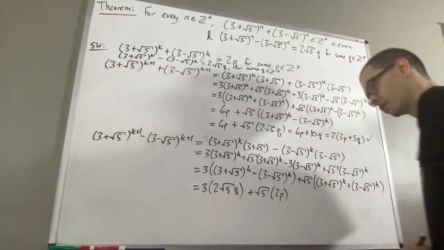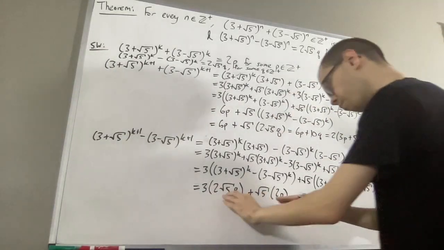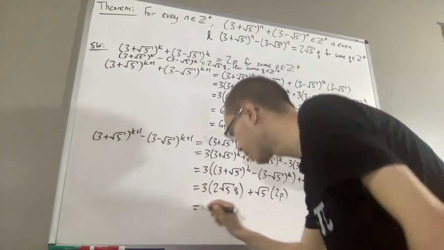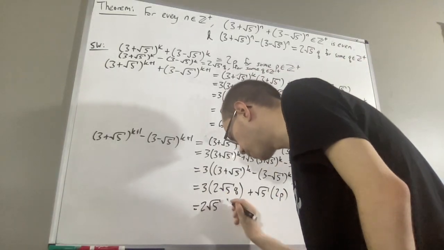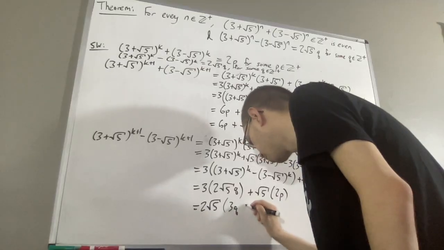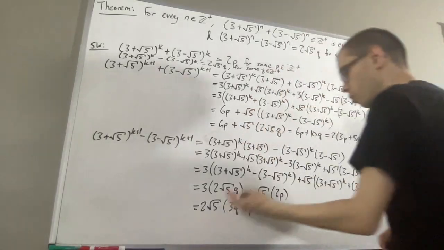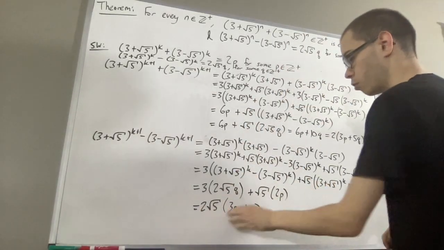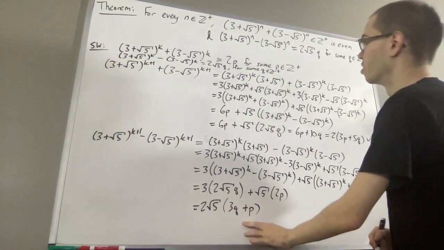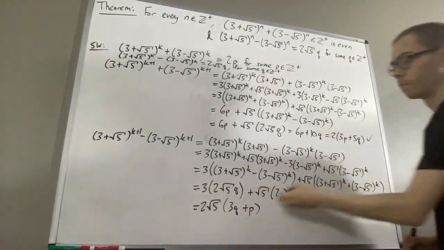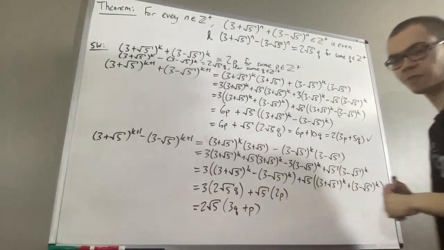So we get this. As you can see, both terms have 2 square root of 5 in it. So factoring out the 2 square root of 5, this is 3q, this is p. And so it fits the form, right? 3q plus p is a positive integer, so it fits this form. So we're good. We have a proof.